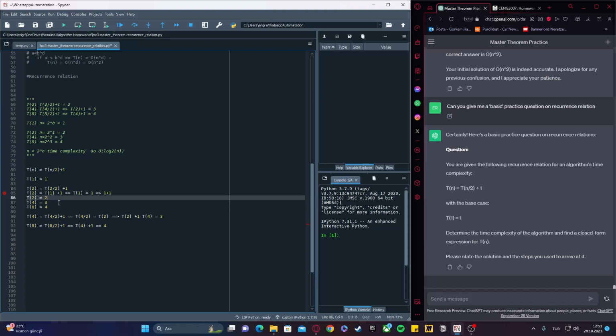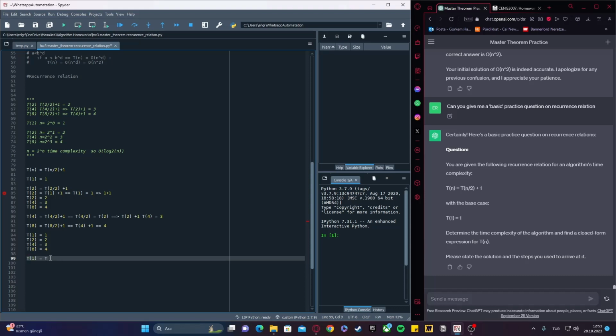And let's go to here. Let's see. And T(1) was equal to 1. They are going one by one, and here's actually T(1).